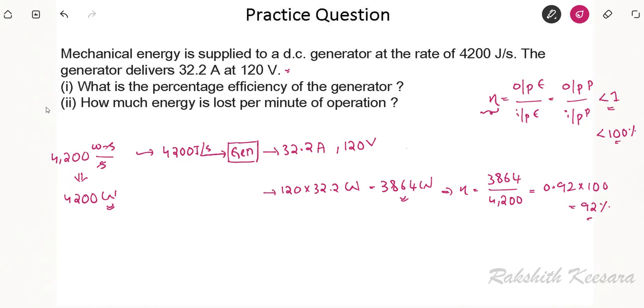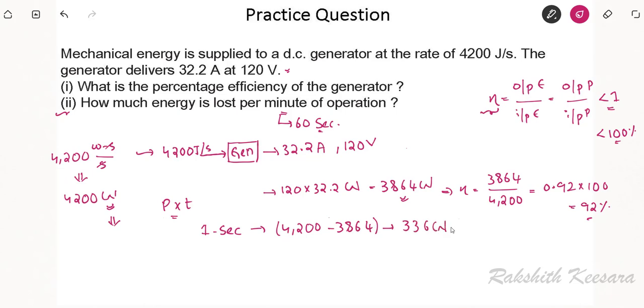Next, how much energy is lost per minute of operation? So here let us calculate the energy lost for 1 second. So for 1 second the energy lost is 4200 minus 3864, that is 336 watt second.